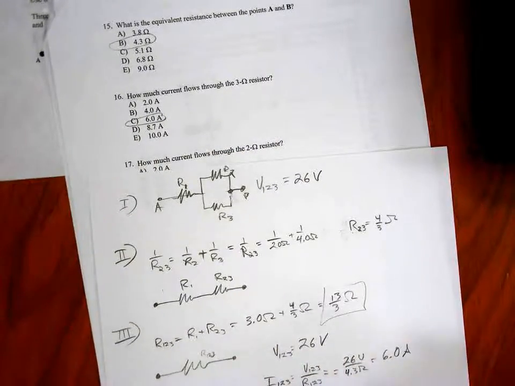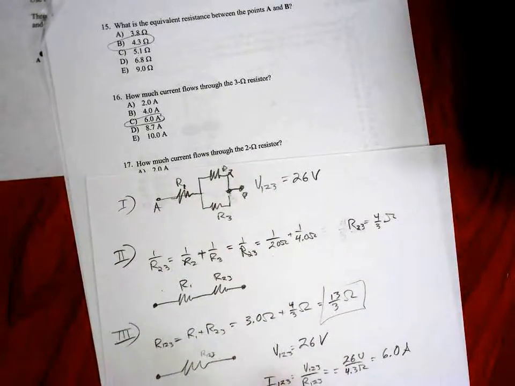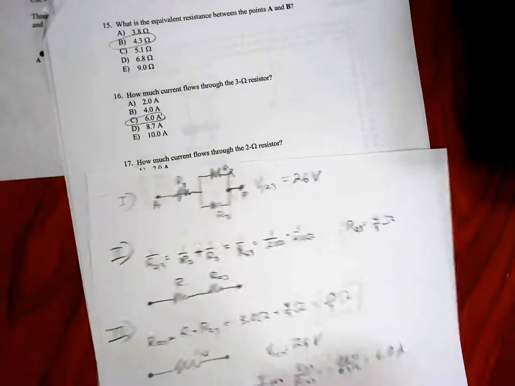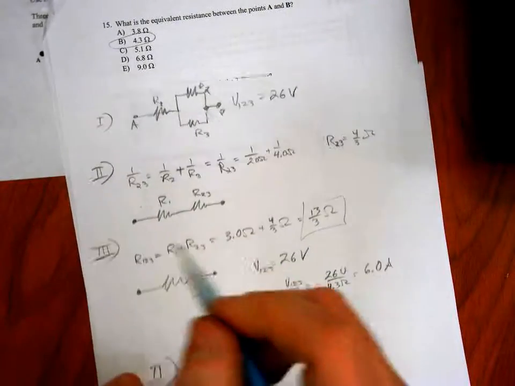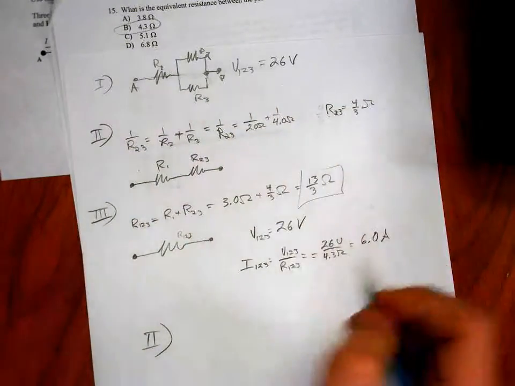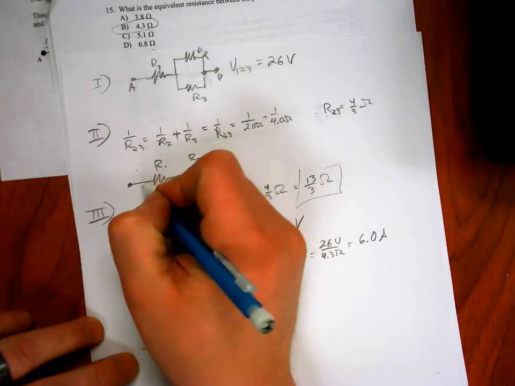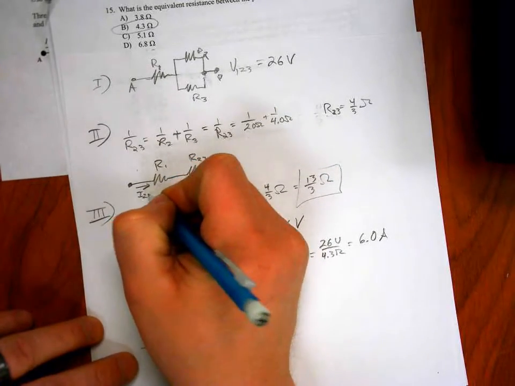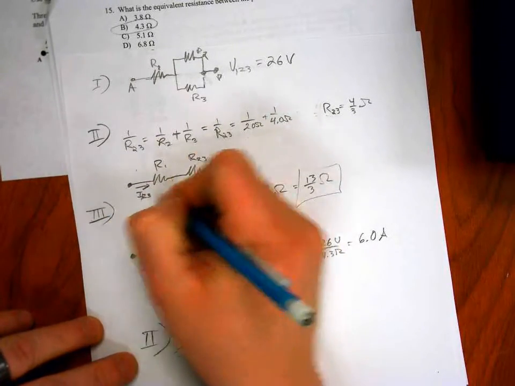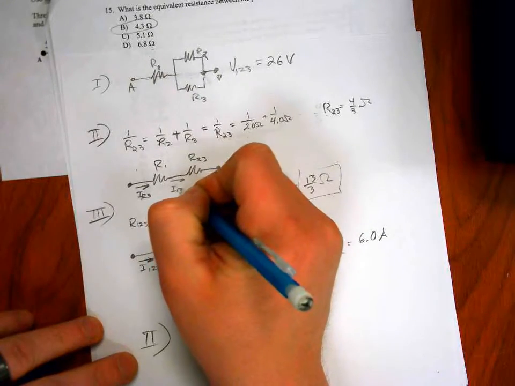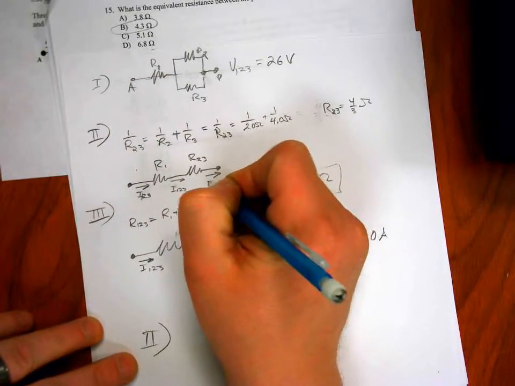Why? Because if we go back to, let's say, number 2, here, I'll just go back on this label. So this is I123, but it's going to be the same here, too: I123, I123.